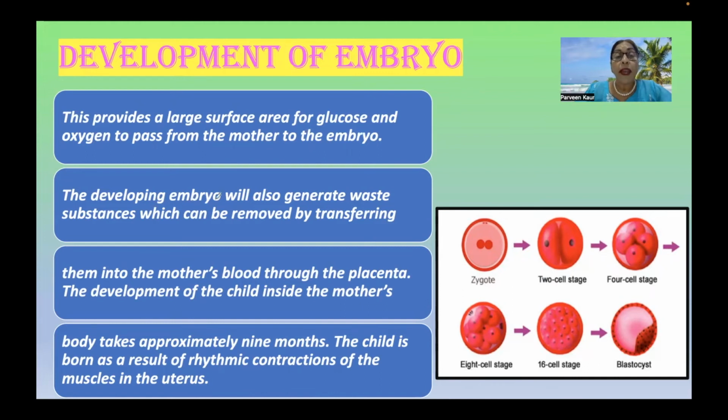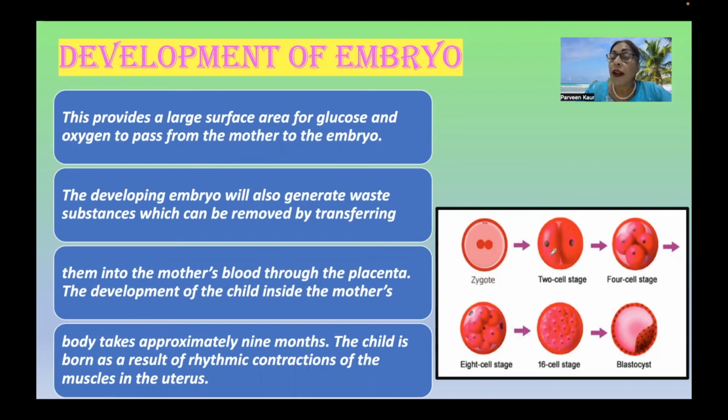The developing embryo will generate waste products, and these waste products are removed by transferring them into the mother's blood through the placenta. The development of a child inside the mother's body takes approximately 9 months, and the child is born as a result of rhythmic contraction of the muscles in the uterine wall. Here you can see in this diagram, male and female gametes fuse and form the zygote.